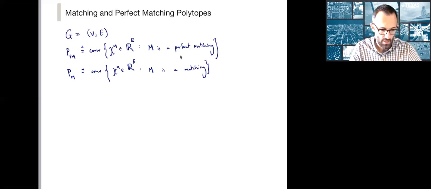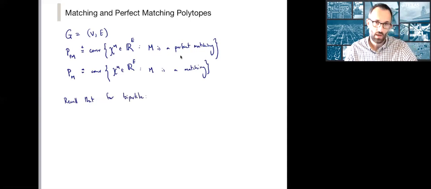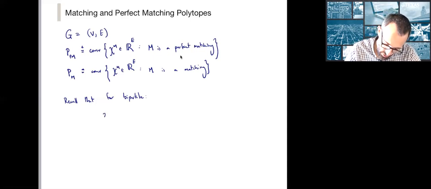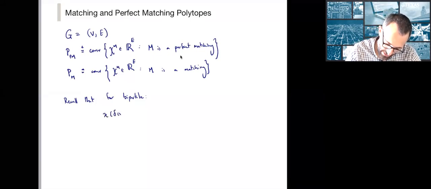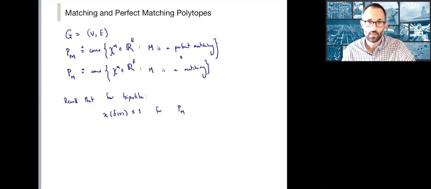So what did we see for bipartite? The matching polytope, the key was these constraints x(delta(v)) less than or equal to 1, which was enough to characterize the matching polytope.